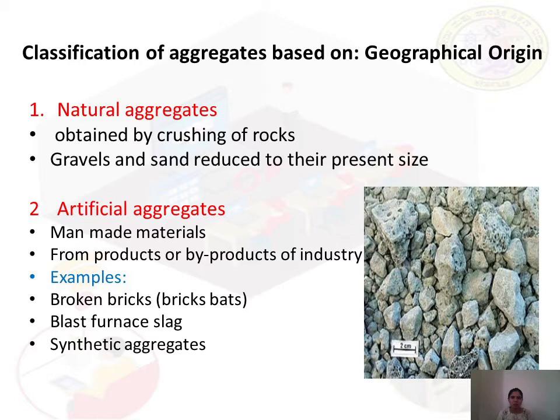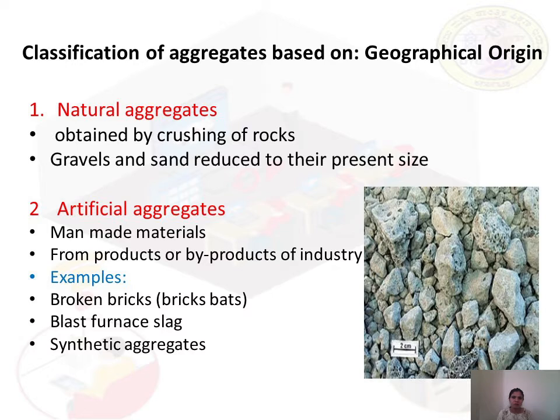Blast furnace slag aggregates have good fire resistance but are responsible for corrosion of reinforcement, that is the steel which is used in concrete. Due to the sulfur content, the sulfur present in blast furnace slag may react with the steel present in the reinforcement and it may start to corrode. That is one of the disadvantages.